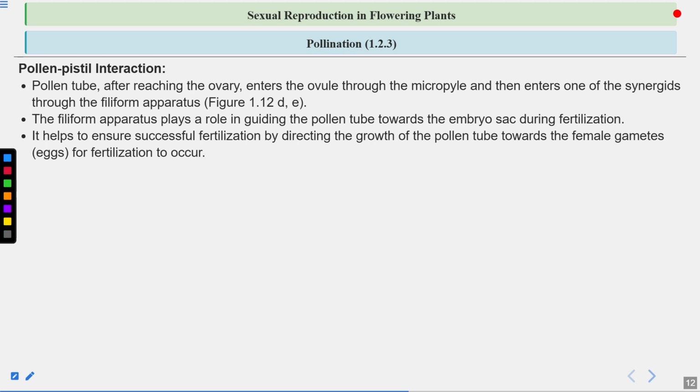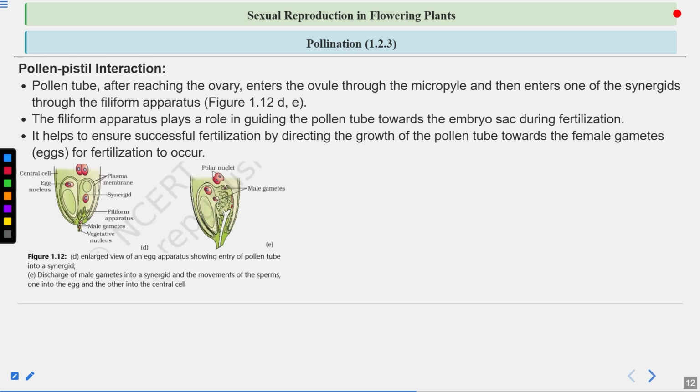Because this is a very, very important significance of the synergid cell. And sometimes it could be asked in your examination, what is the importance of the synergid cell? The filiform apparatus guides the pollen tube to enter inside the synergid cells, right? So this is very important. Don't forget this.